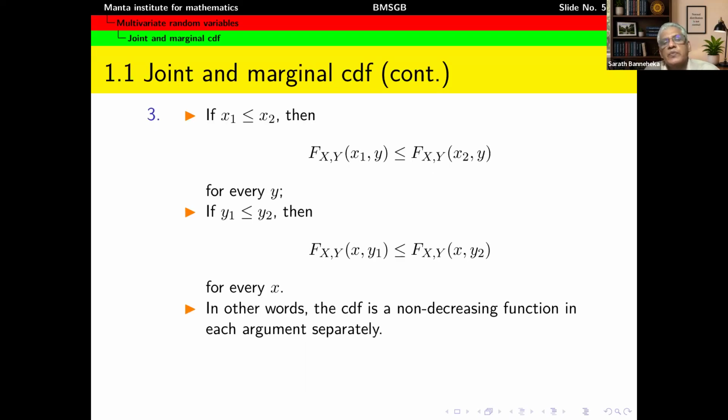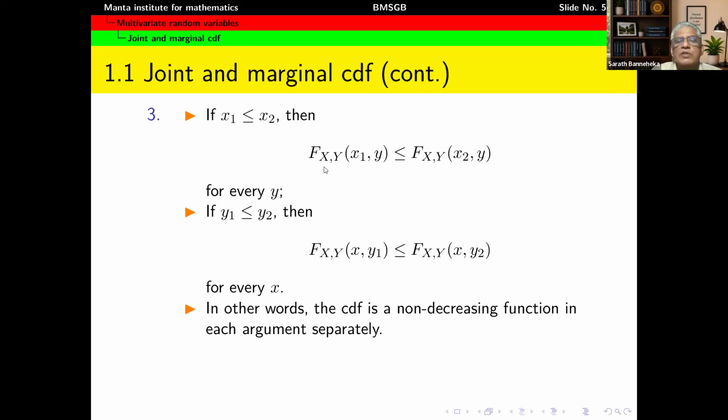And similarly, if you consider two values x1 and x2, so that x1 is less than x2, keeping y fixed, if you consider the cumulative distribution function at x1 and x2, then the joint cumulative distribution function at x1 will be less than or equal to the joint cumulative distribution function at x2, because the joint cumulative distribution function is a non-decreasing function.